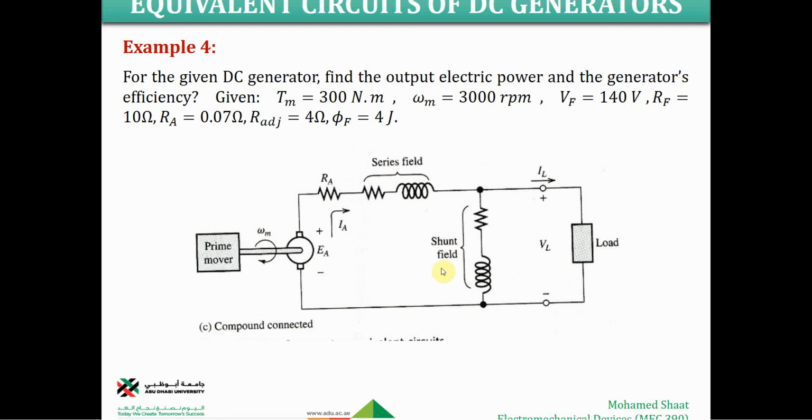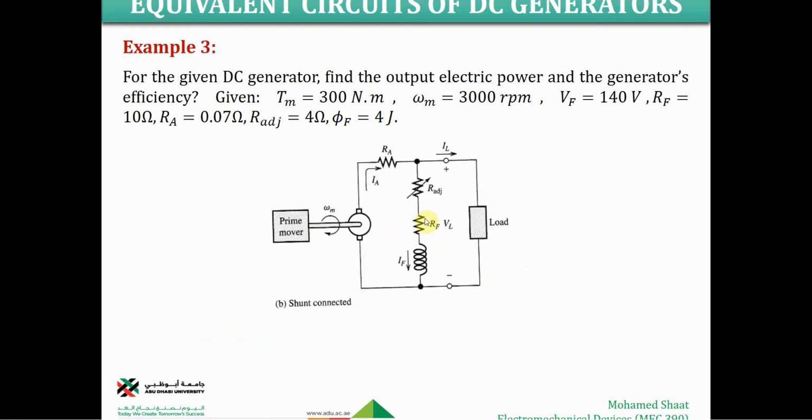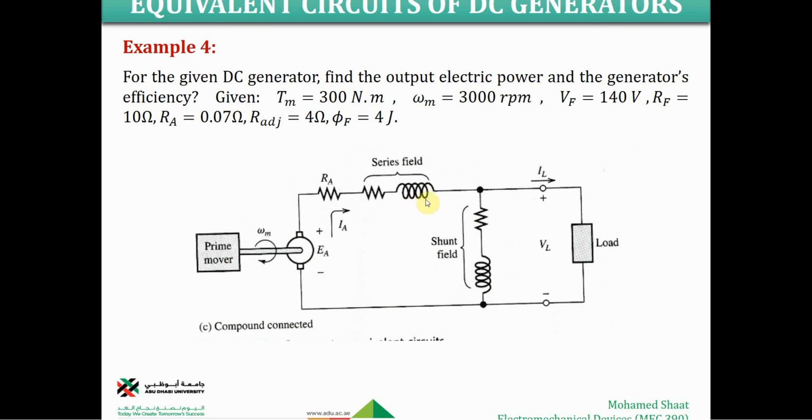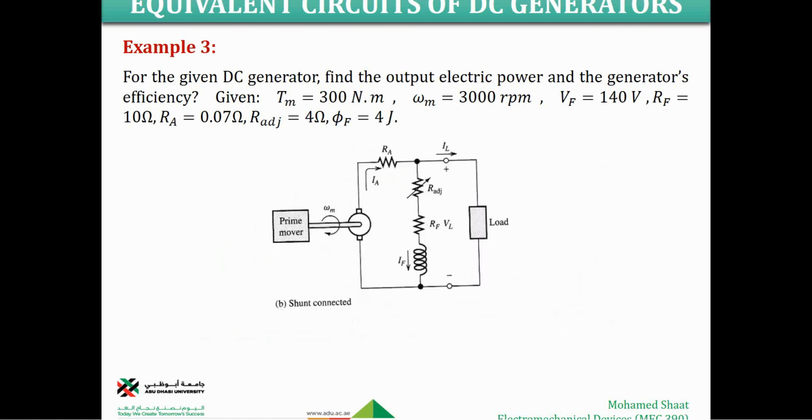We can exclude one of them to have a shunt connected DC generator, or we can have the compound one with series and shunt field. Both are parallel and series in the meanwhile. So we still have these two examples, and this is going to be for this video, but I'm just going to continue working on these two examples, example 3 and 4.